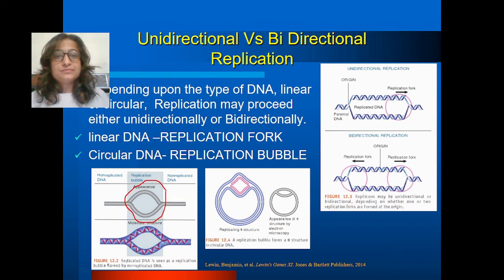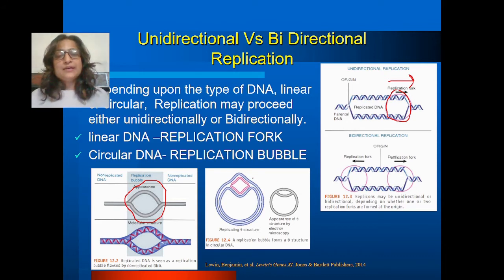So wherever replication is happening in a circular DNA, the structure takes up the form of a bubble. And if you see the replicating structure, in unidirectional, in linear DNA, there is only one direction, whereas in bidirectional you have two replication forks, each of them operating in both the directions.